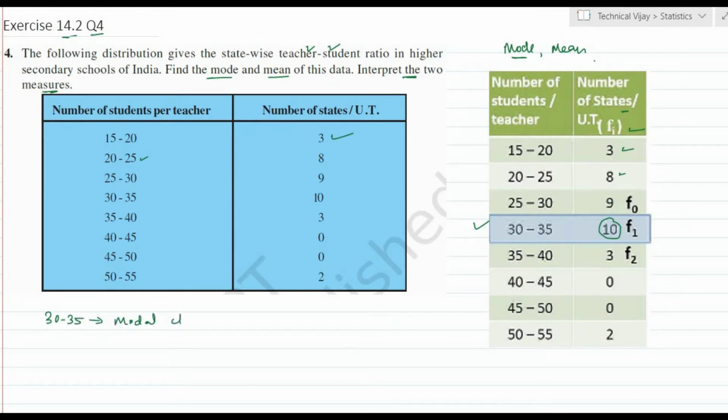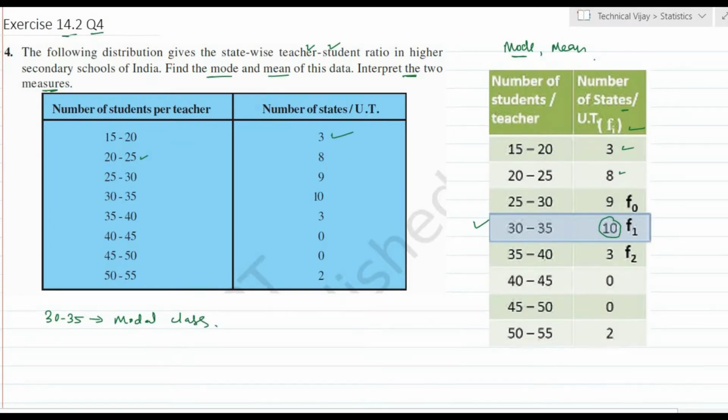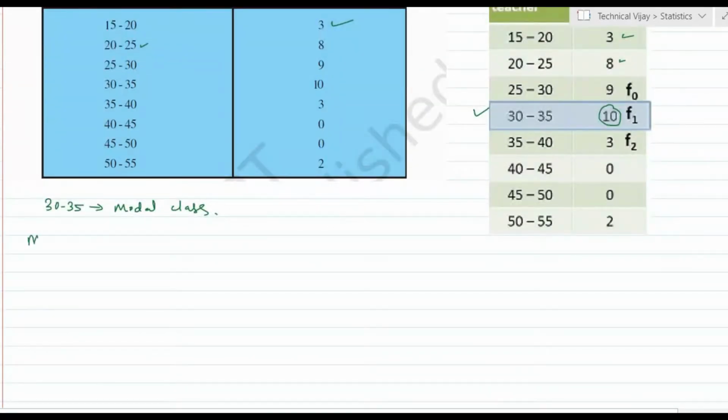Now the formula for calculating the mode: Mode is equal to L plus (F1 minus F0) divided by (2F1 minus F0 minus F2), into H. Here L is the lower class limit of the modal class, that is L equals 30.